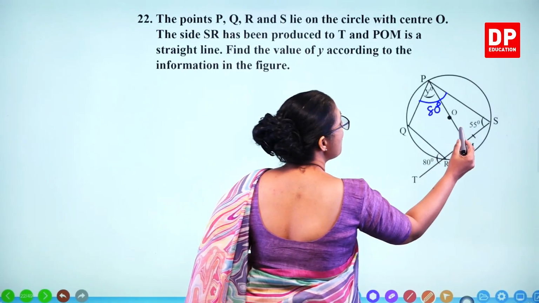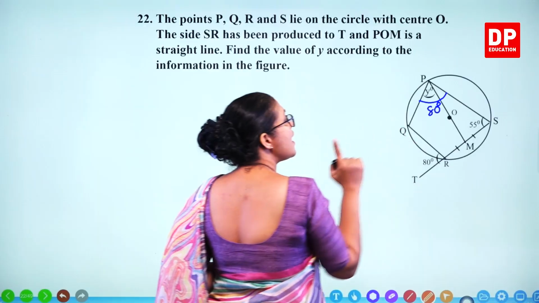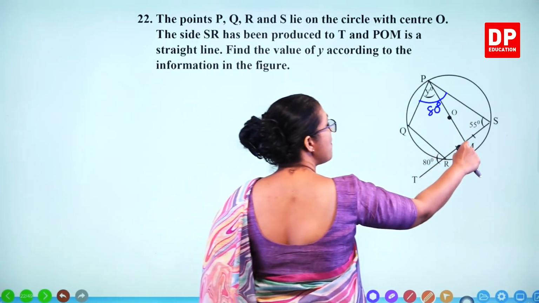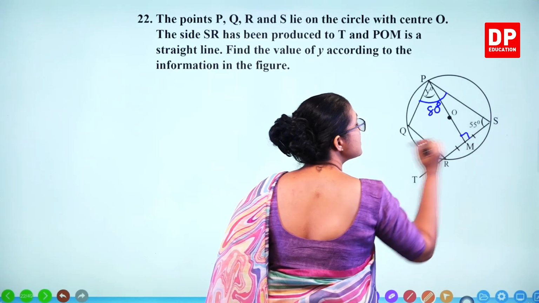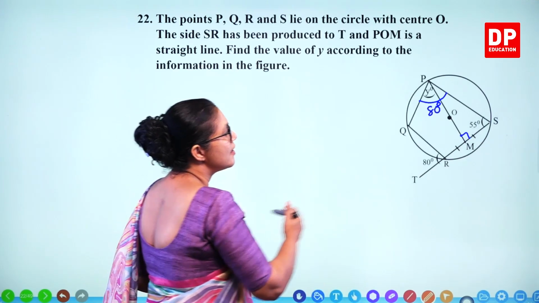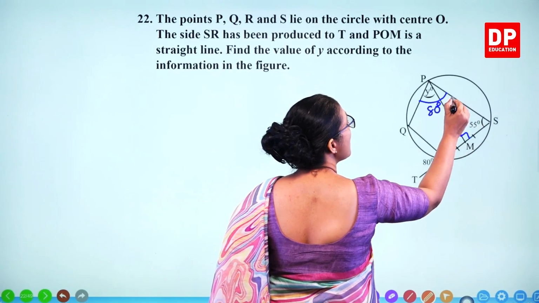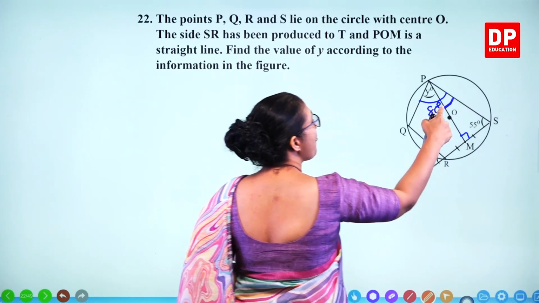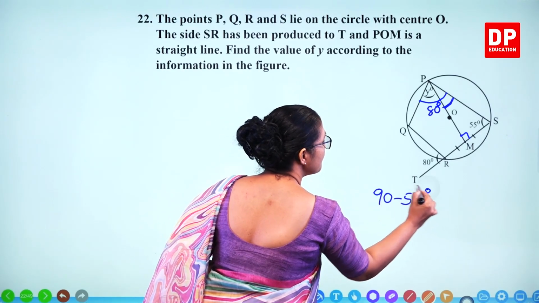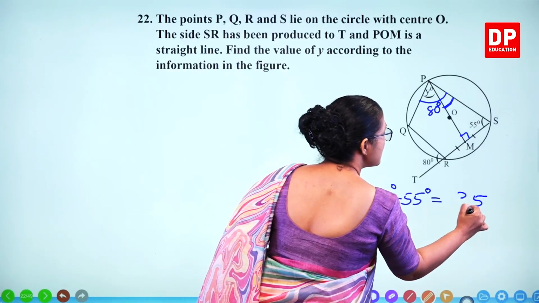Now what can you say about this angle? This is the line from the center to the midpoint of the chord. M is the midpoint, so this is 90 degrees, perpendicular to the chord. So this is 90, this is 55. What is this angle? 90 minus 55, you get 35 degrees.